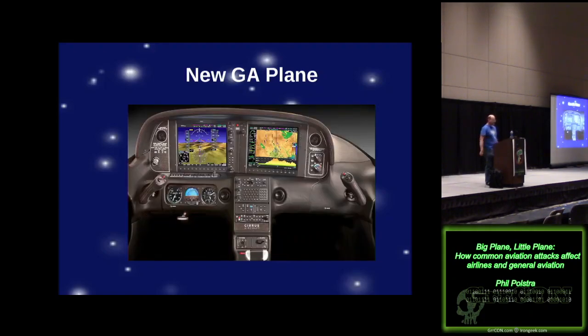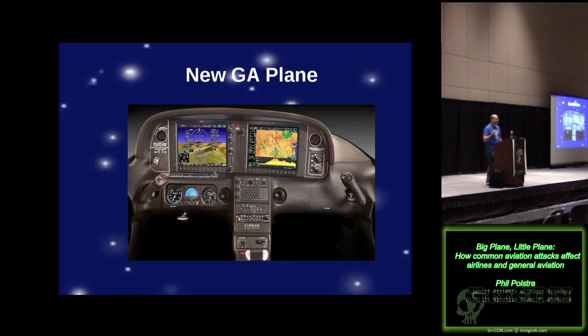You might see something like this. Can anyone identify this aircraft? Let's see. This is a Cirrus SR-22. Yeah, so you just didn't want to speak up, but you knew what it was. So this is a Cirrus aircraft. I just picked this one.